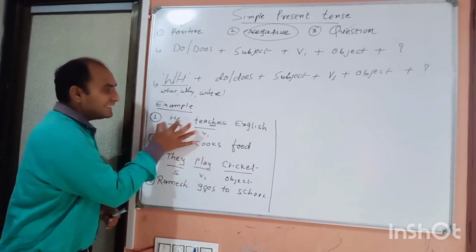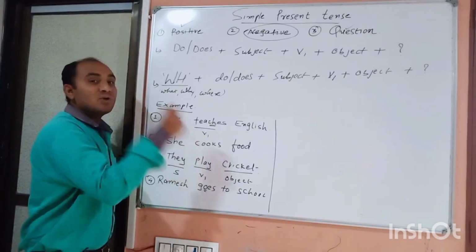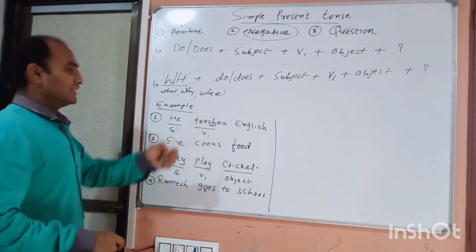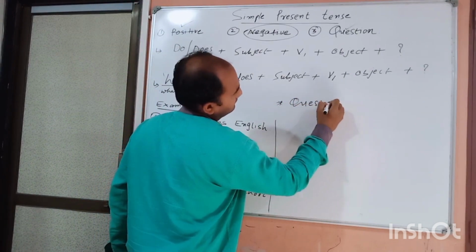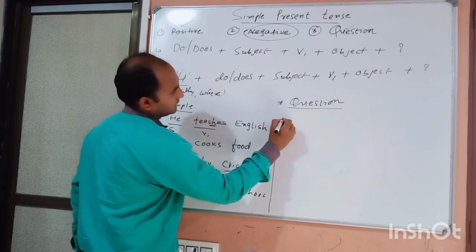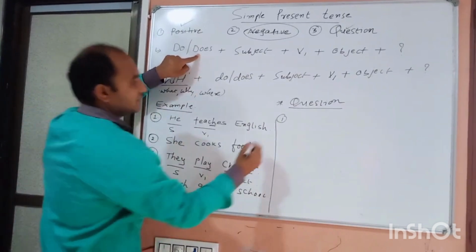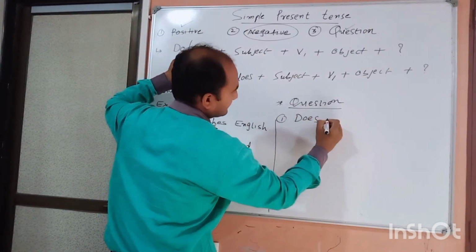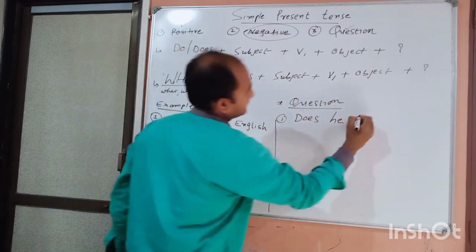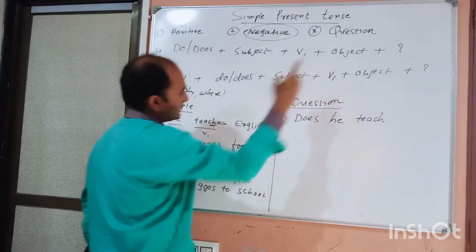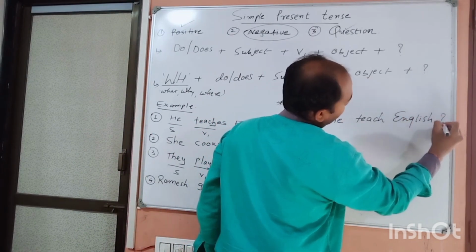Question number one: he teaches English. In negative, you know very well, he does not teach English. But now, whenever we are converting into questions, according to the first structure, it is singular, that means does, then subject he, then V1 teach, then object English, and then question mark.